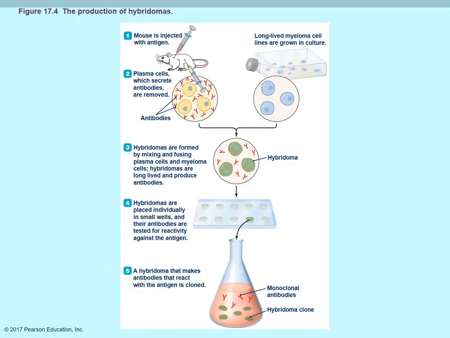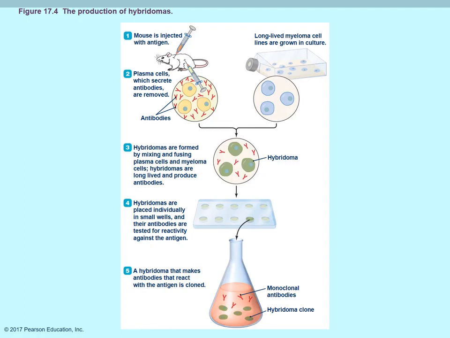Instead of taking the antibodies from an individual, sterilizing them, and providing them to a second individual, research is now looking at whether we can use hybridomas, where you take cells from an individual. You have plasma cells from a mouse that has been injected with the antigen, so the plasma cells have already produced the antibodies.